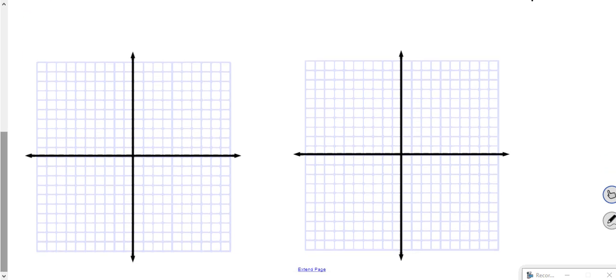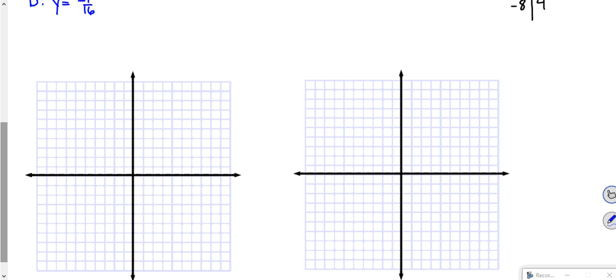Number 3, here's the equation we started with. It was x equals 1/2 y squared. Let's solve that for the squared variable. So that gives us y squared equals 2x.